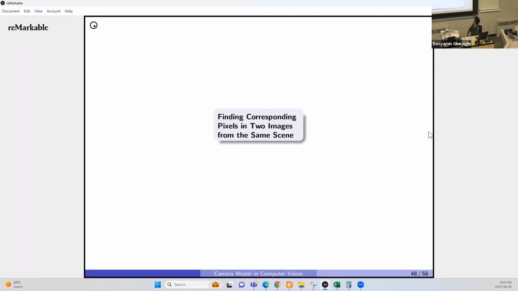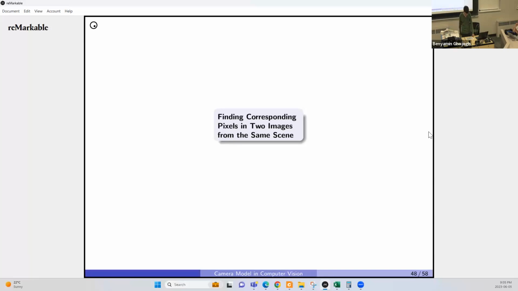Now, finding corresponding pixels in two images from the same scene. So what did we do? We did various applications with the camera model, right? Now, one of the applications is finding corresponding pixels in two images from the same scene.